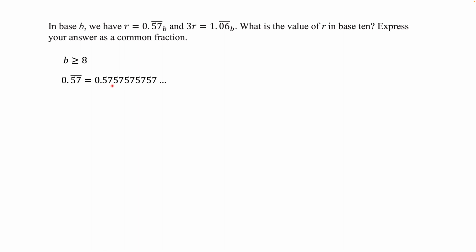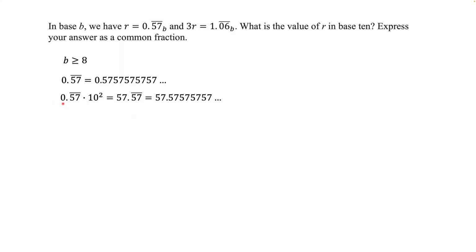We multiply by 10 to the power of 2, and we get 57.57 bar. This procedure is the same whether it's base B, base 10, or any base. If we take 0.57 bar multiplied by 10 squared, we get 57.57 bar.